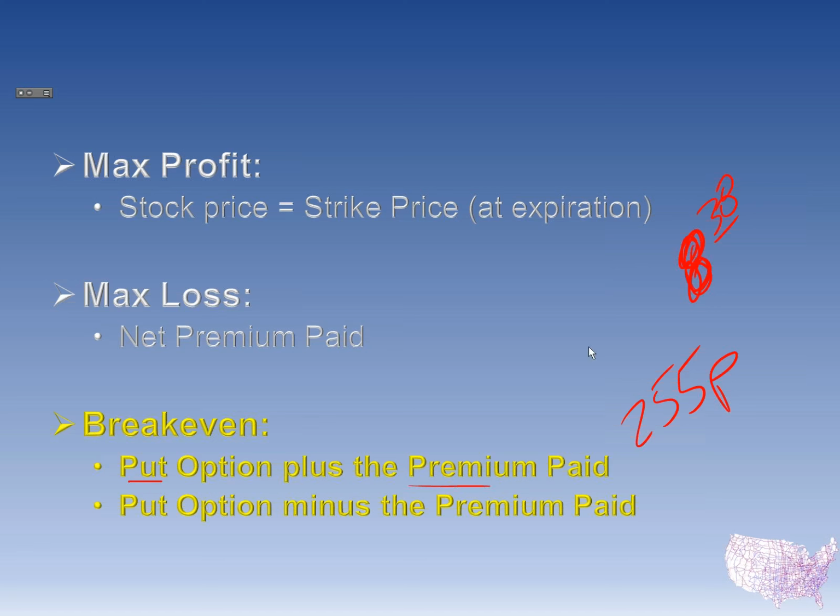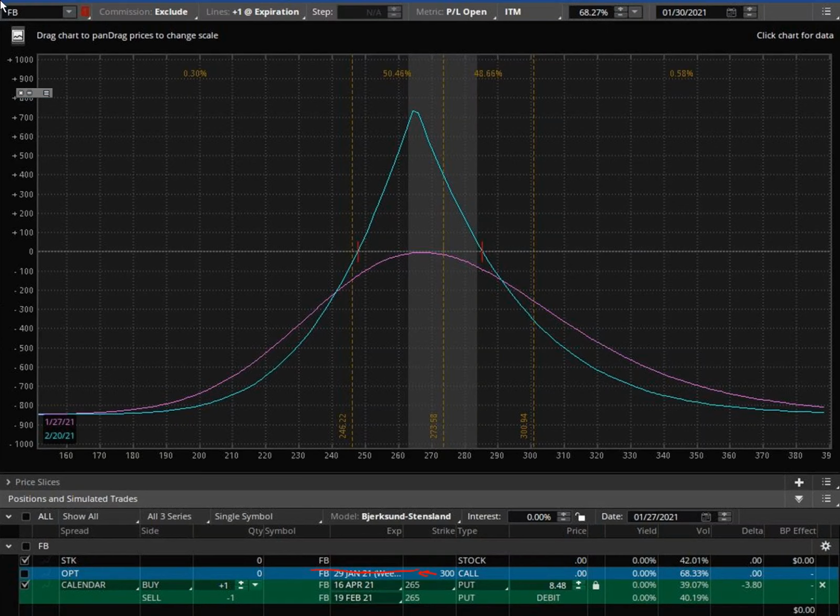So our break even to the upside would then be looking at 263, right? And to the downside, subtracting that out, we'd be looking at 248 or 247, I mean, 247. And that is well inside what the break even is going to be on this right here.